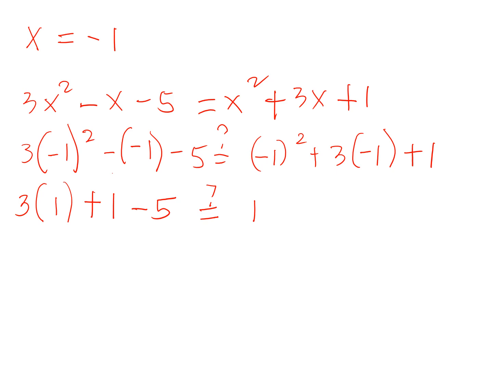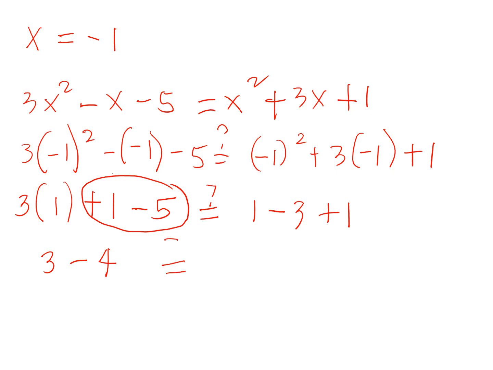Then positive 3 times negative 1, that is negative 3, plus 1. Next, 3 times 1, that is 3, plus 1. Here we will combine: positive 1 times negative 5, that is negative 4. Copy the sign of the bigger number, then subtract.